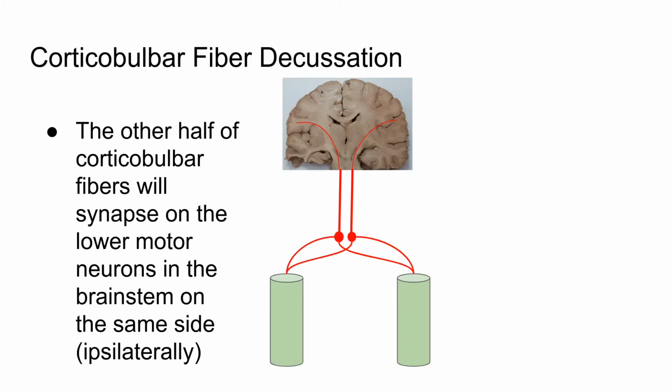The other 50% proceeded ipsilaterally, meaning they did not cross. So they went to the same side, the ipsilateral side of the brainstem. This affords a kind of backup control because the functions performed by the muscles here are quite crucial to everyday living, like chewing food or swallowing food or drinking water, things that we take for granted.